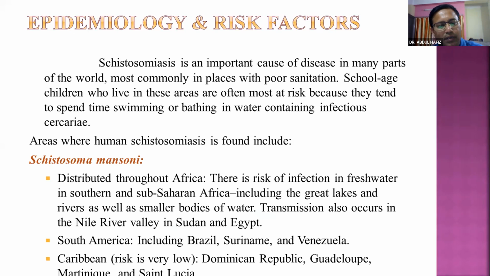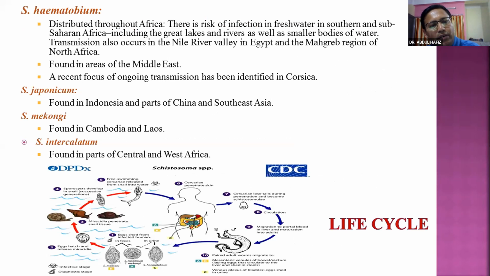These diseases are also commonly found. The life cycle, we know that here also the snail is the main culprit, that means the intermediate host. If we can control the intermediate host, we can break the disease cycle also.